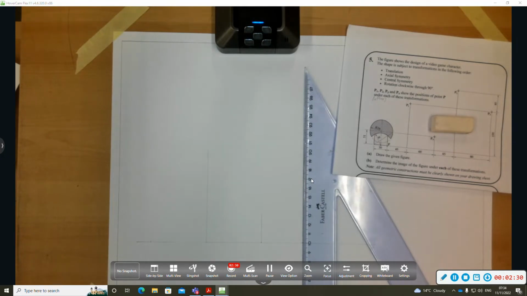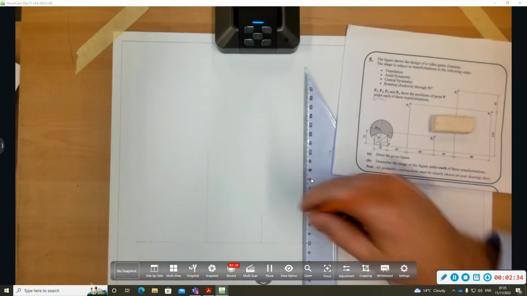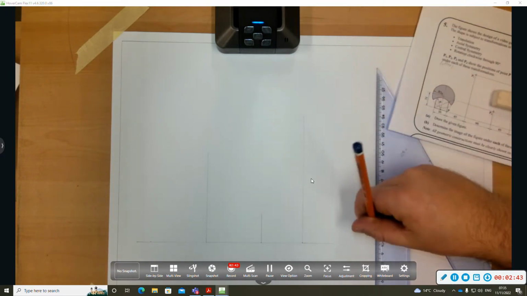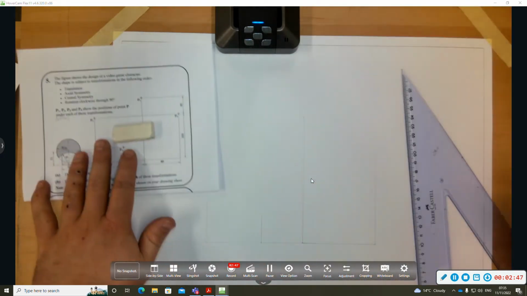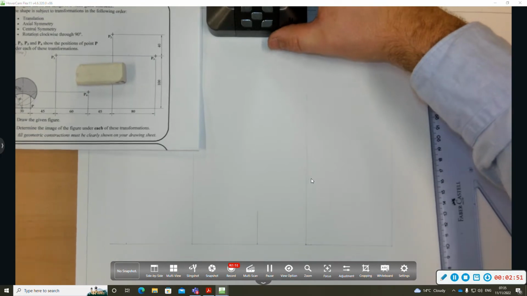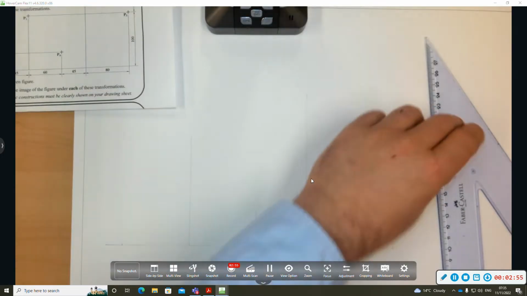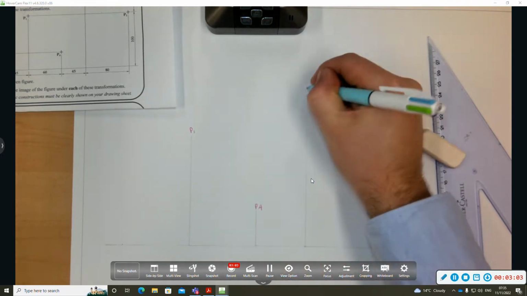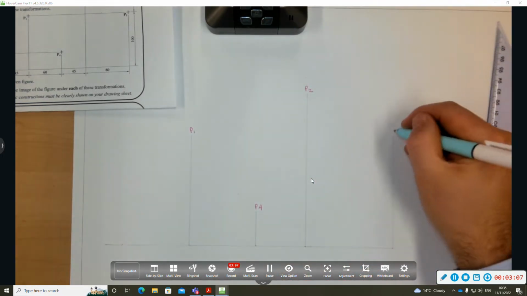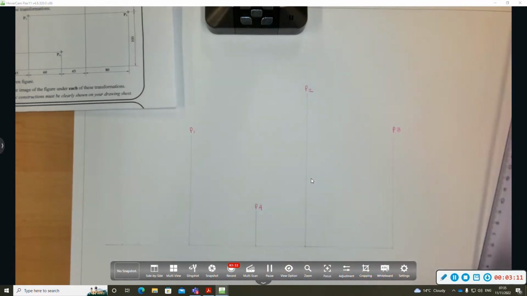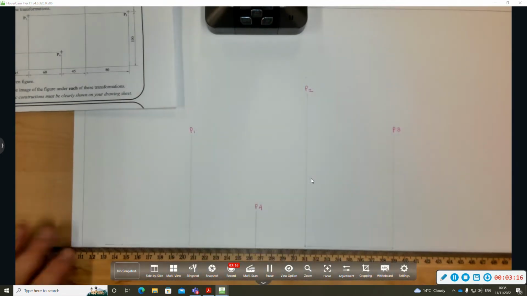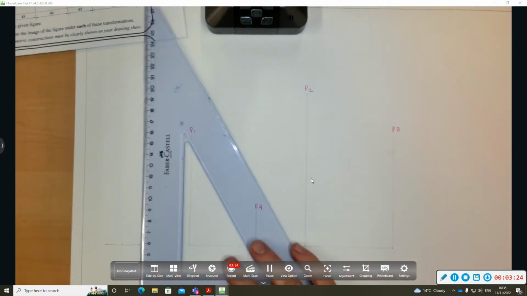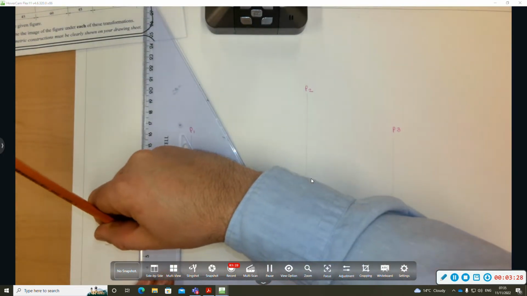Then we're going to go up their respective heights in the question. So P3 was up 100, P4 okay was up 31, P1 was up 100, and then P2 was, I think, was up 140.